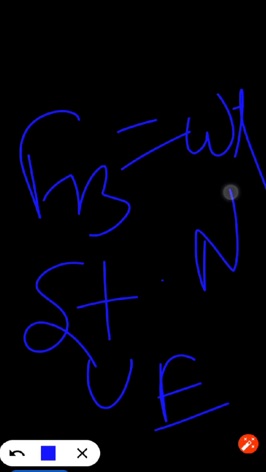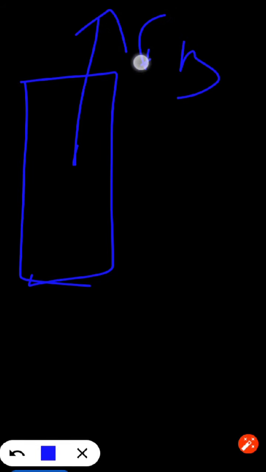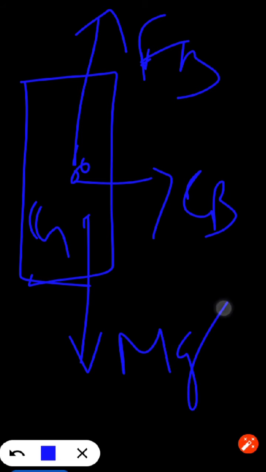Here, suppose there is a body and this is the center of buoyancy, where the buoyant force acts, and this is the center of gravity, known as G, and the weight always acts downward.